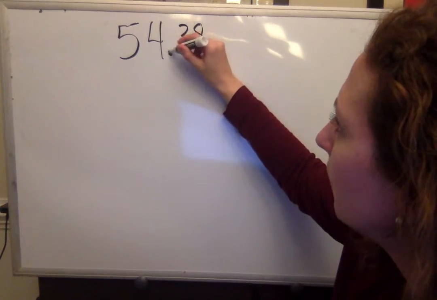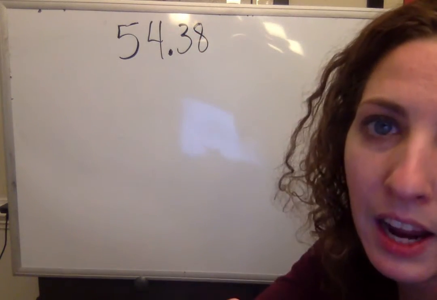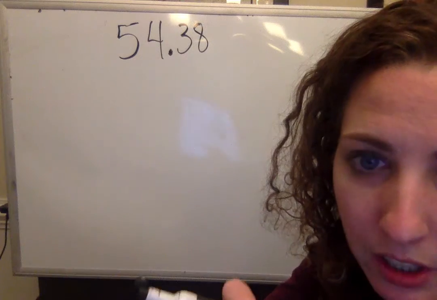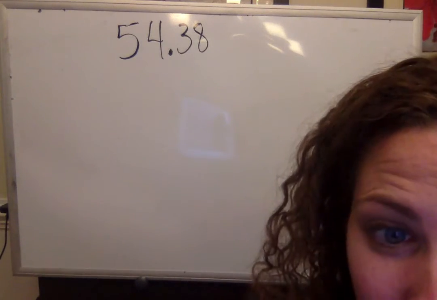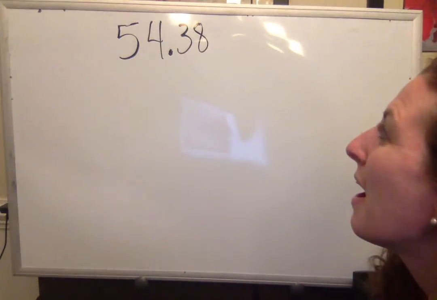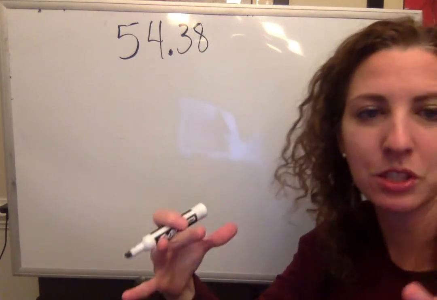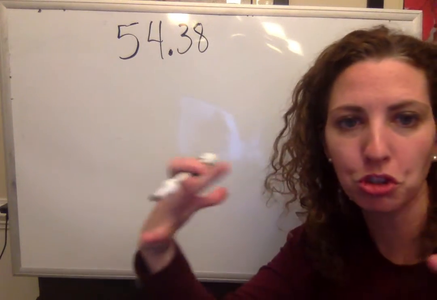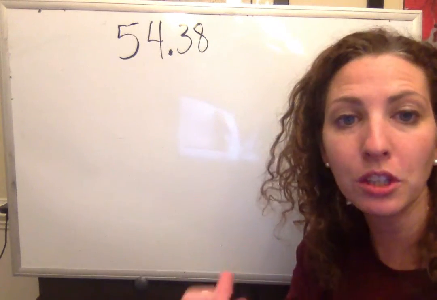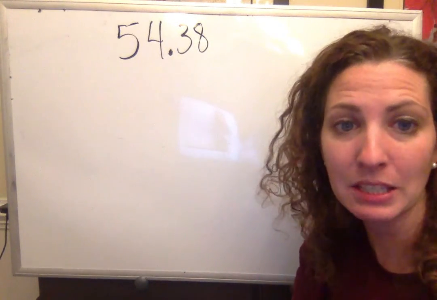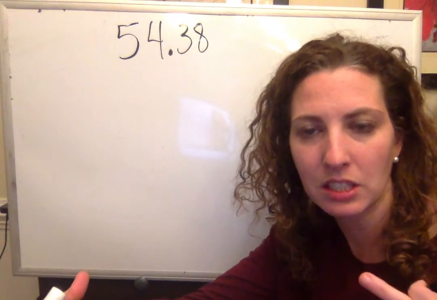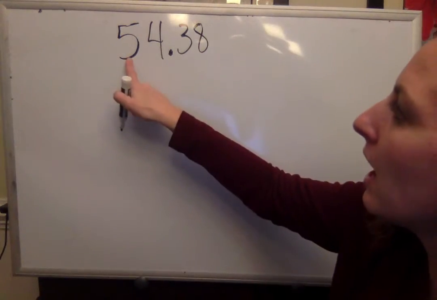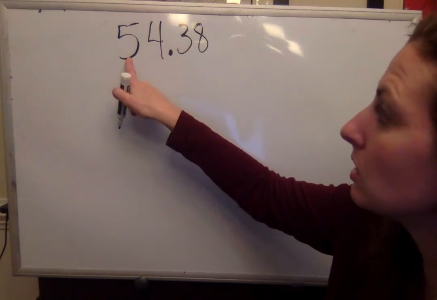54.38. So 54 and 38 hundredths. Okay, I'm sorry, my face was really close to the camera there. I'm going to stretch this out. So remember, expanded form is stretching it out. So I'm going to look at each of these numbers in its place, and I'm going to stretch it out and make it one big addition sentence. Okay, so my 5 is in my tens, okay?